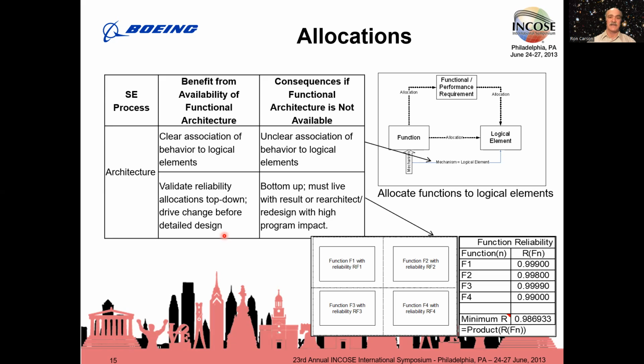But this is an area that typically doesn't get enough attention early on, in part because we don't have the tools or the information available in the functional architecture to actually validate that we can satisfy system level reliability requirements based on the allocations.